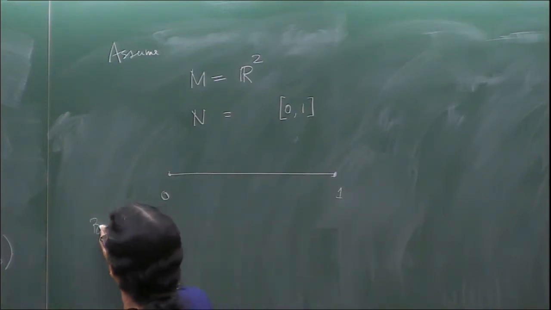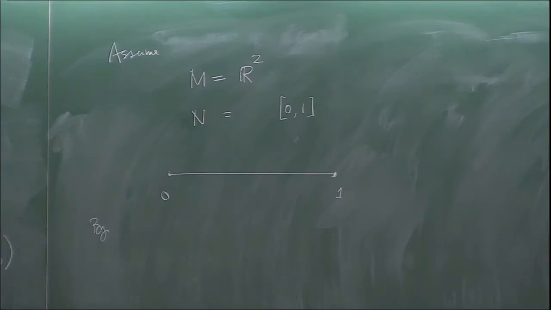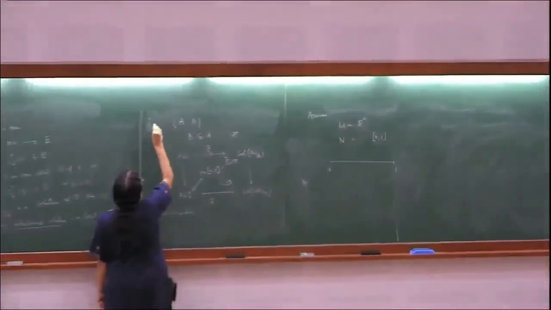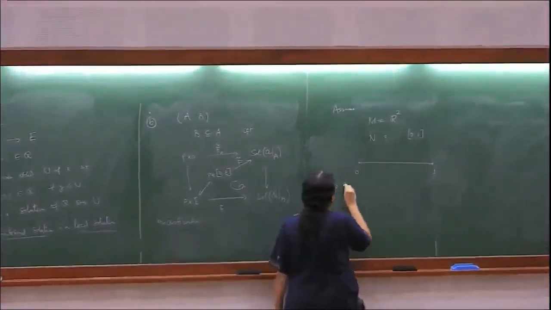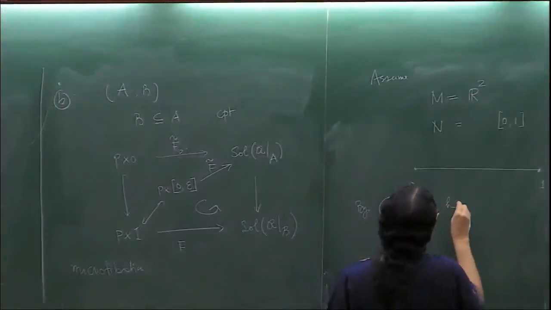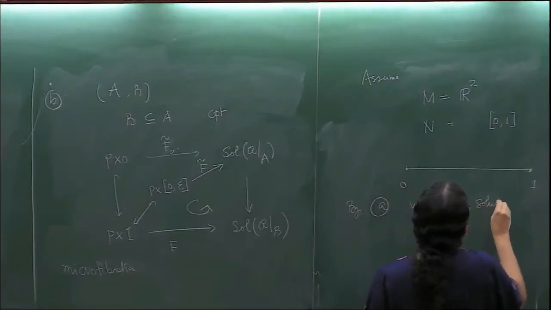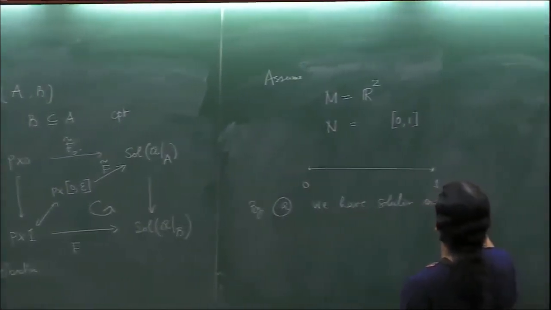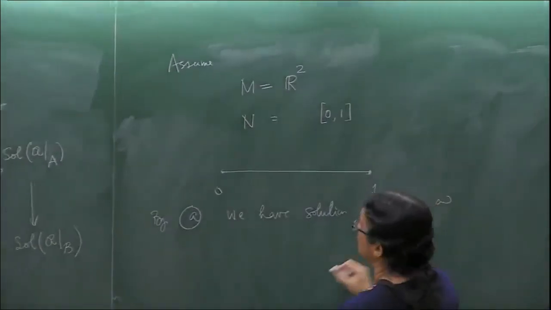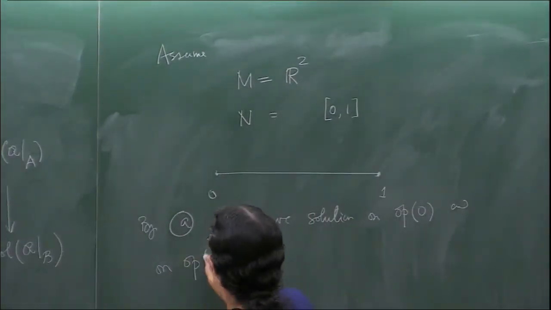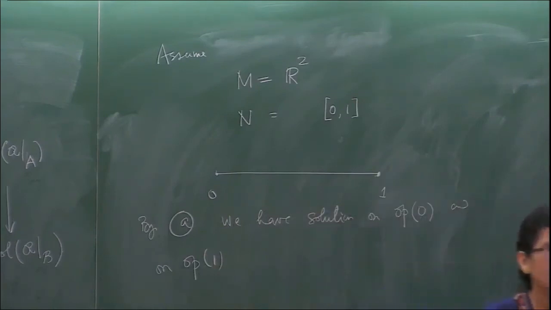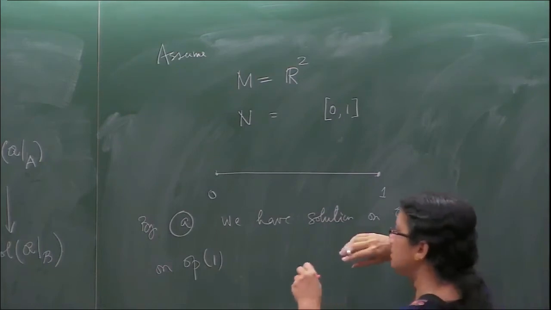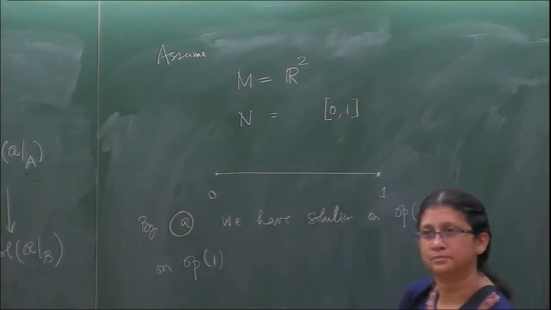Let us call this property A, and let us call this property B. By A, we have a solution on an open neighborhood of 0 and on an open neighborhood of 1. Okay? But then I want to extend this.